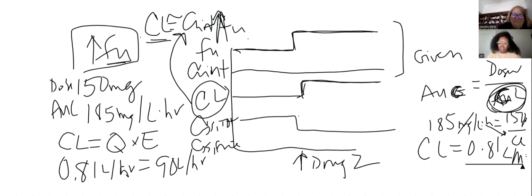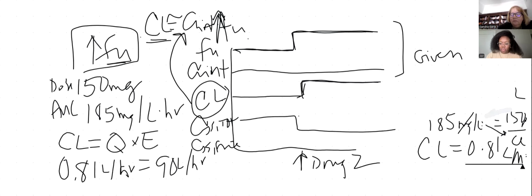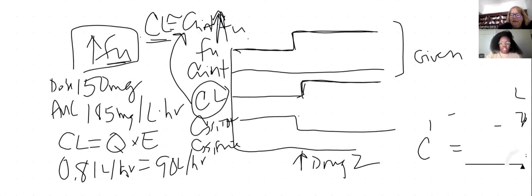Total is drug that's bound to protein and drug that's free from protein, so total drug has both bound and free drug, while free is just the unbound drug.